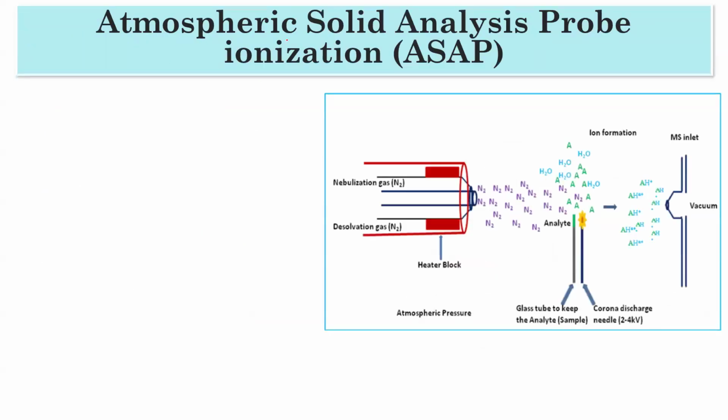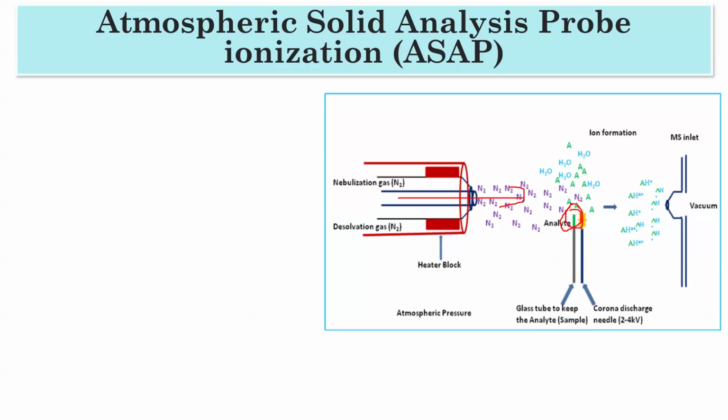Another one is ASAP. All of APCI, APPI, and ASAP are similar. In this case, they are putting the sample right here itself. You can just take your sample, even a solid sample, in a glass tube, and you purge nitrogen gas.